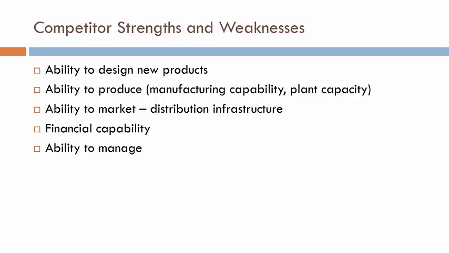So again, the point of market structure analysis and the analysis of the strengths and weaknesses of the competition is so that we can leverage our strengths while recognizing our potential weaknesses relative to competition, both in anticipating competitors' reactions and setting the right marketing mix actions given that anticipation.